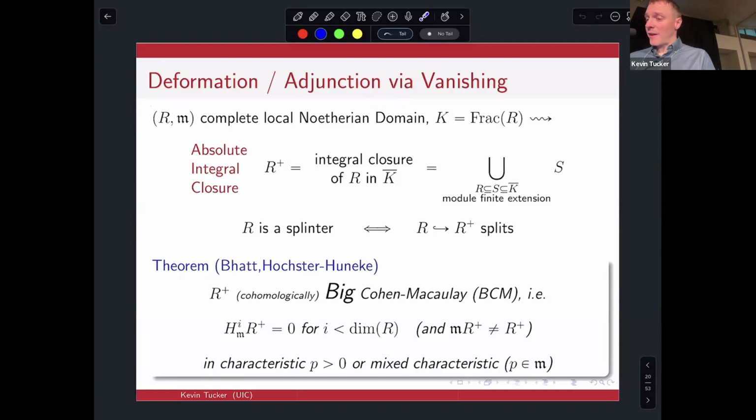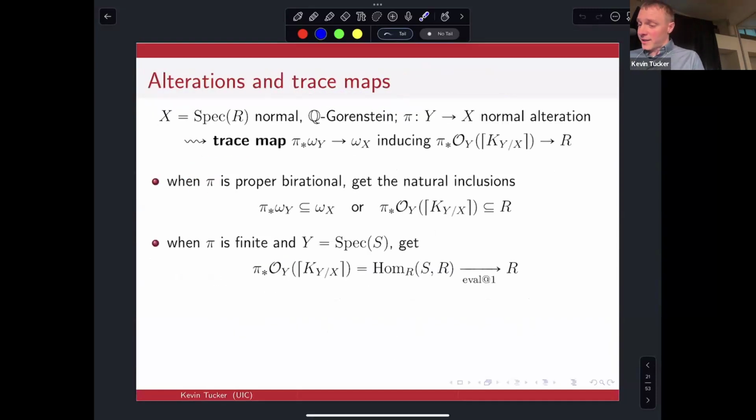Let me tell you a little bit more about the localization property. That follows again from some ideas that Karl introduced yesterday. I'm going to give you a way to think about splinter singularities in mixed characteristic using alterations. Here, suppose X is a normal Q-Gorenstein scheme in mixed characteristic, and I take a normal alteration π from Y to X. Again, that just means essentially a blow-up of a finite cover.